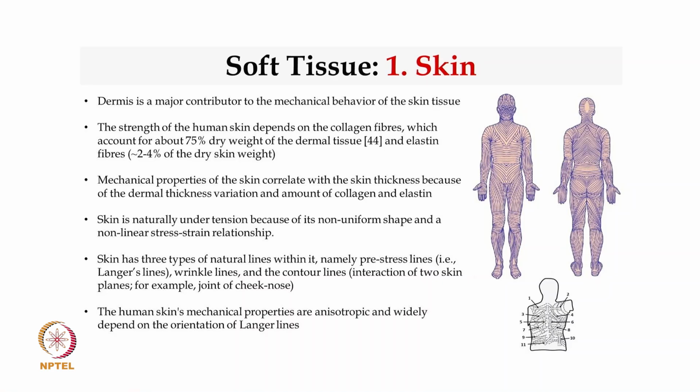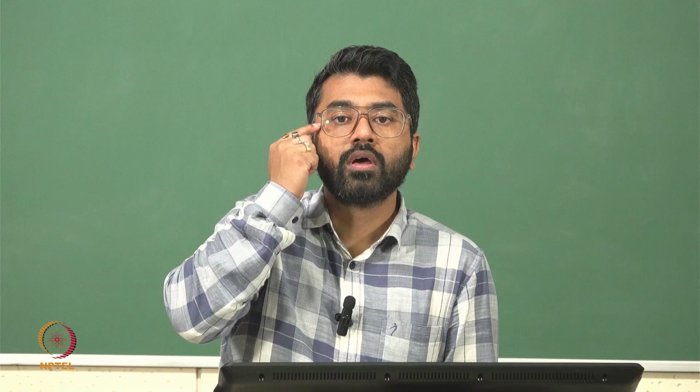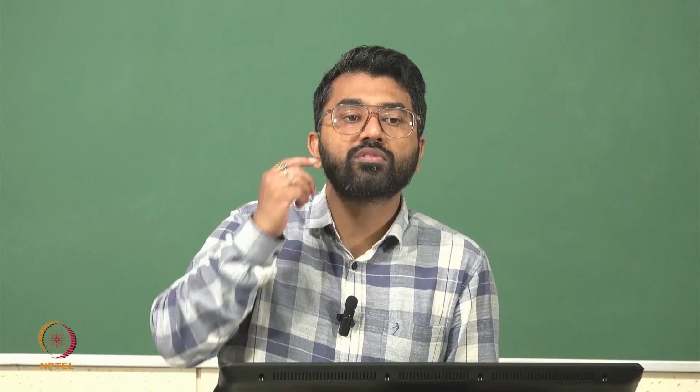The next is contour lines. Contour lines are where you have interaction of two skin planes, for example the joint of cheek and nose. Wherever I have a different tissue, for example my nose, my eyes, wherever my ears start, all these lines which clearly demarcate my different organs or undulations on my body are known as contour lines.